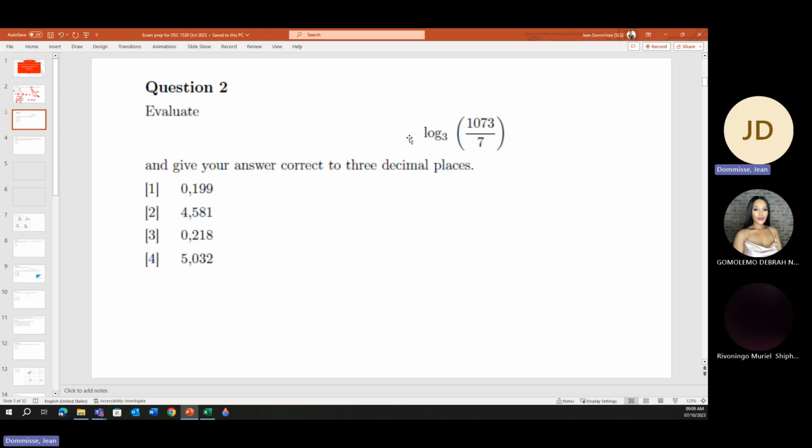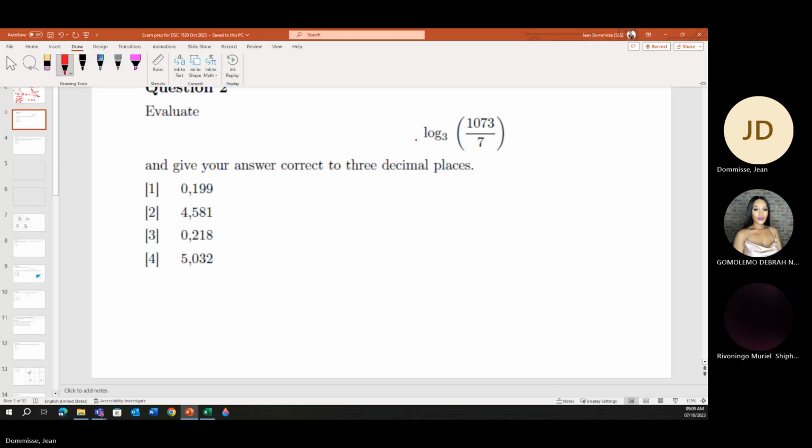So they're definitely mixing it up. So in this one, we will need to answer the log question first. You can use your calculator for that, so there's no reason why not.